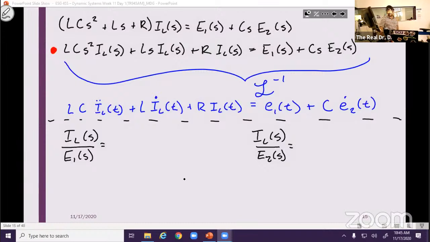I'm going to divide by E1, and I'll end up with 1 over LCS squared plus LS plus R. And that's my transfer function with respect to the voltage 1.